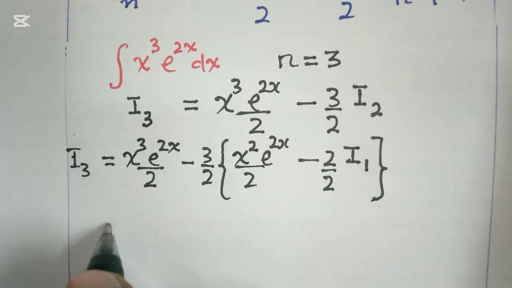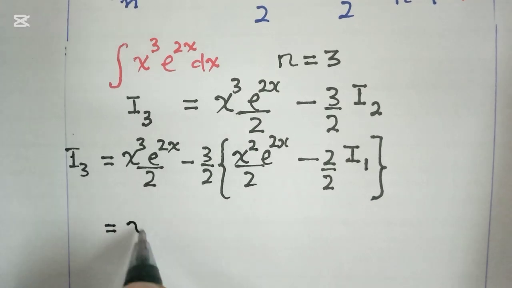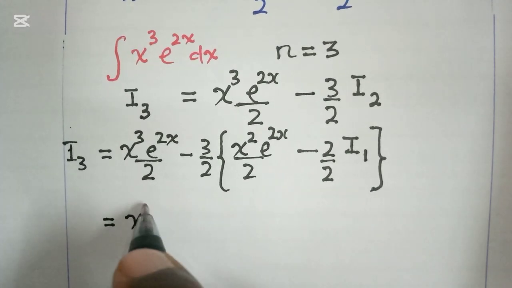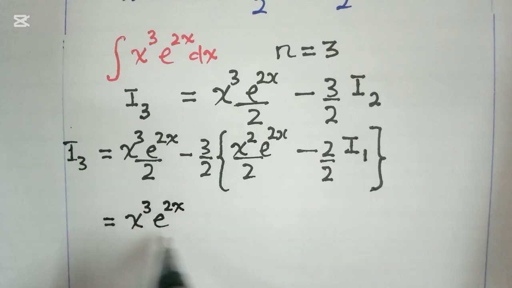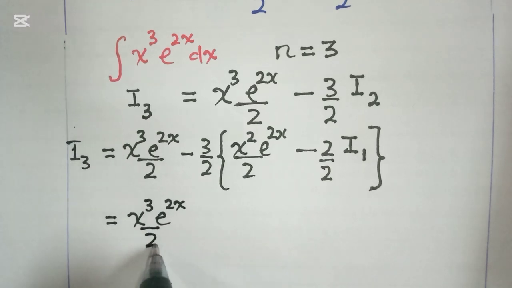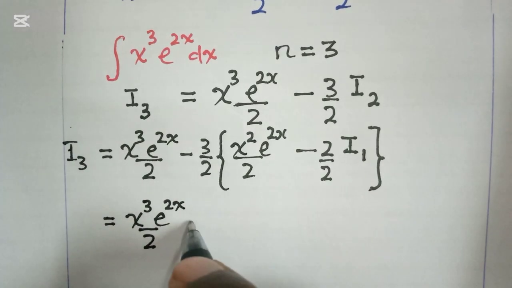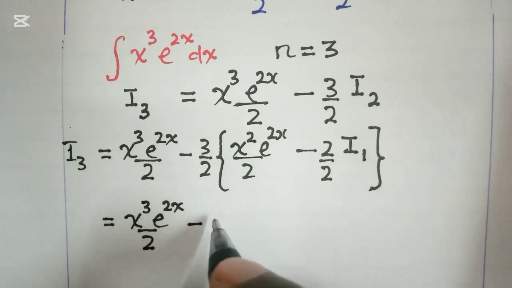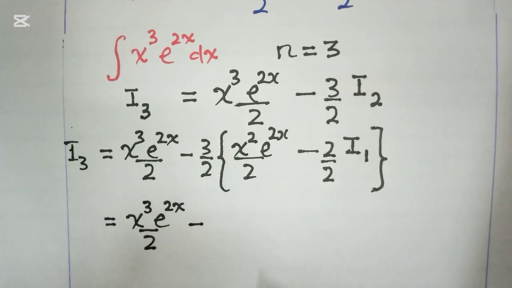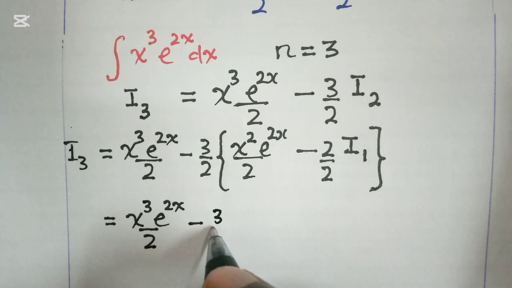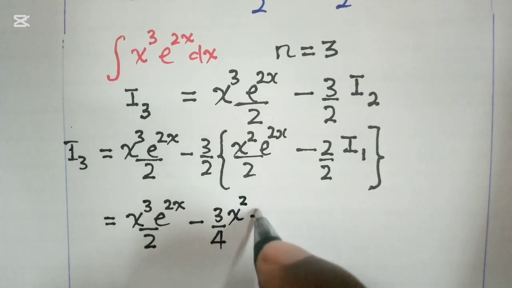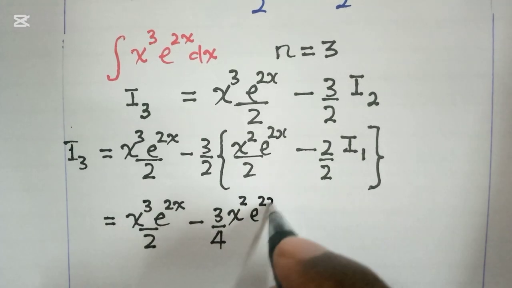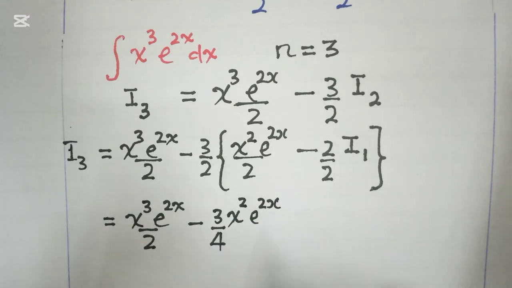So that one will be equal to x raised to 3, then e raised to 2x all over 2 minus, this one is going to be minus 3 over 4 x squared e raised to 2x, like that.